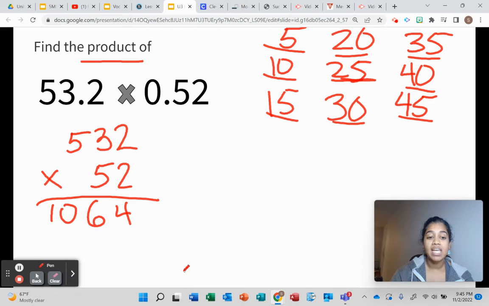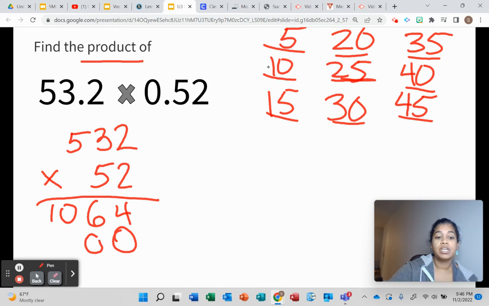So let's go ahead and now multiply by 5s. Now, because we've moved over to our tens place, we're going to put a 0 in our ones place because we're not doing any ones. We've moved over into our tens place. So now we're going to do 5 times 2, which is 10. So I want to put my 0 here, carry my 1.